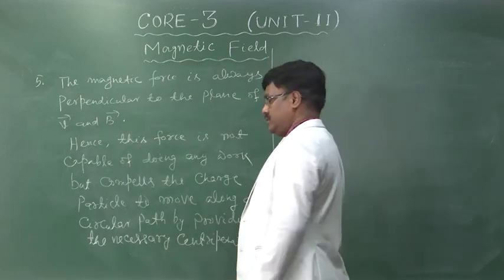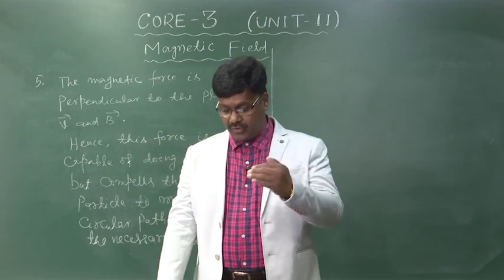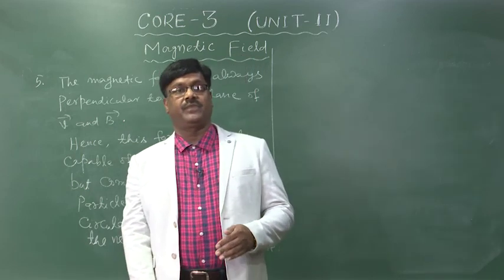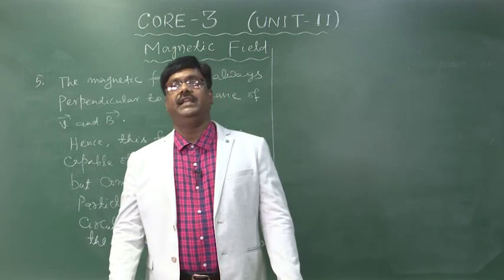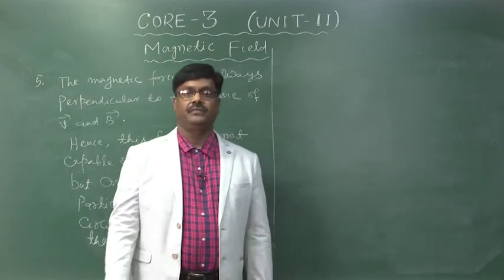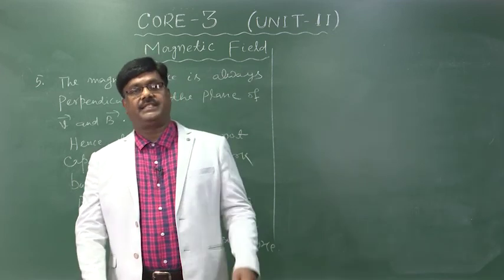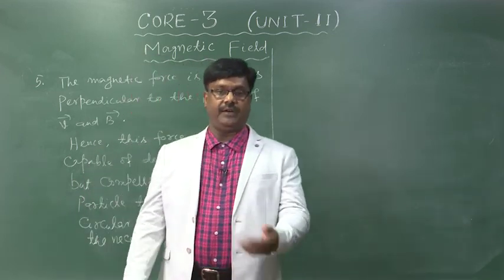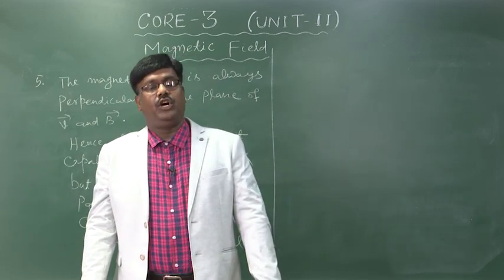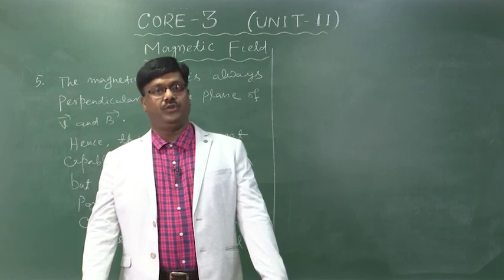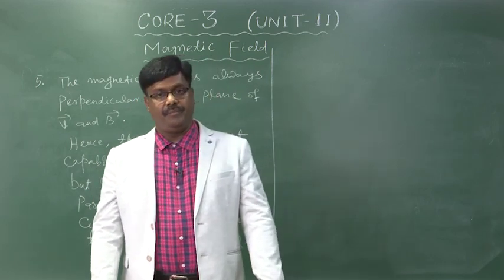And now, let us calculate the circular path and its radius in which the charged particle will move. So, here I finish this class, and in our next class we will derive the expression for the radius of the circular path along which a charged particle moves in a uniform magnetic field.